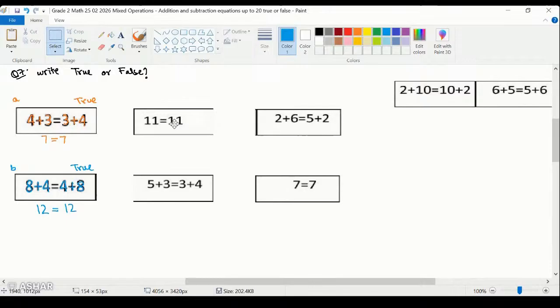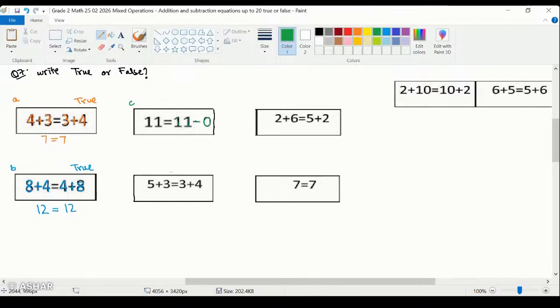Okay, I'll change something in this question. 11 minus 0. How about this question? Part C. Is it true? Is it false? 11 is equals to 11 minus 0. What is 11 minus 0?